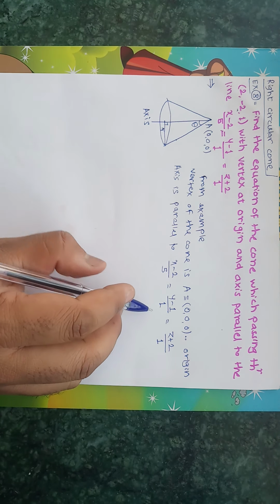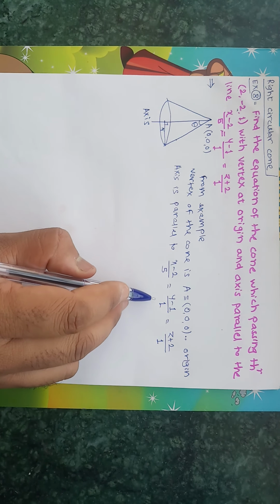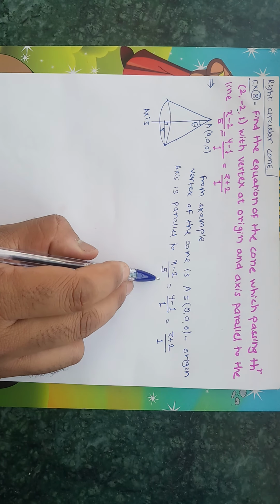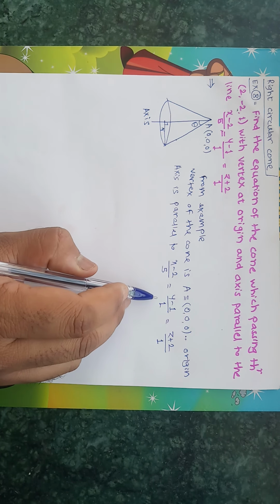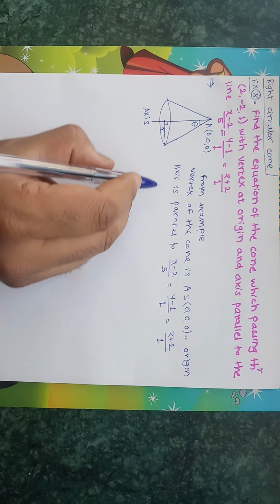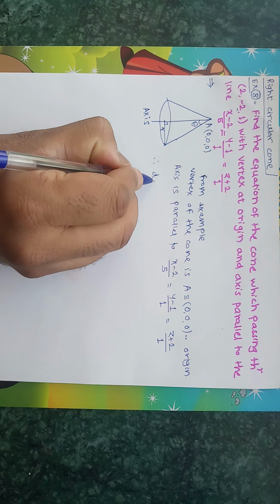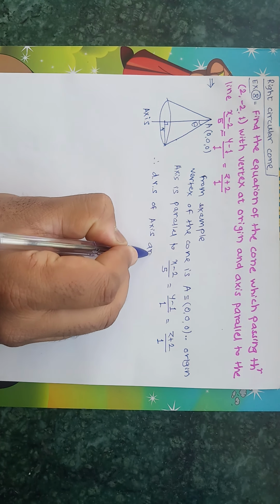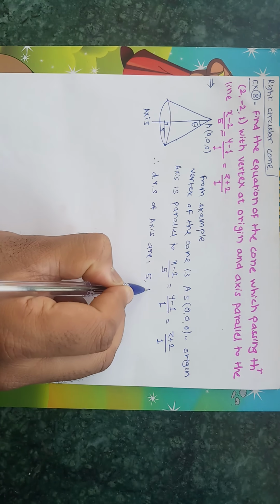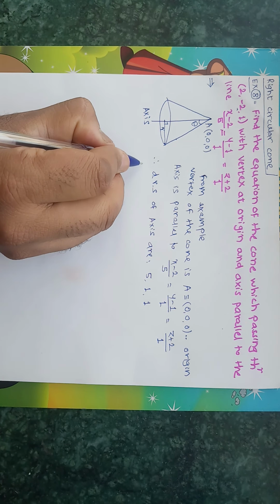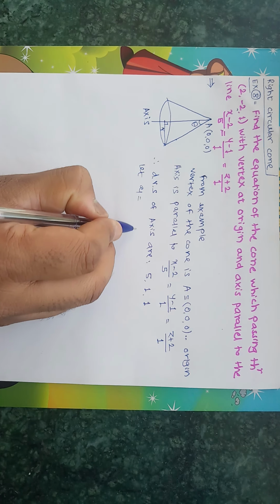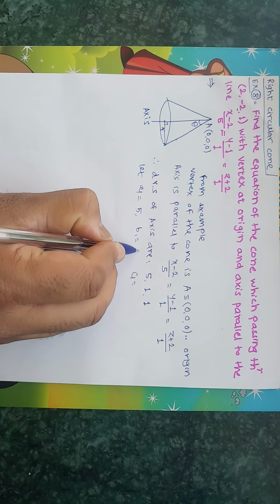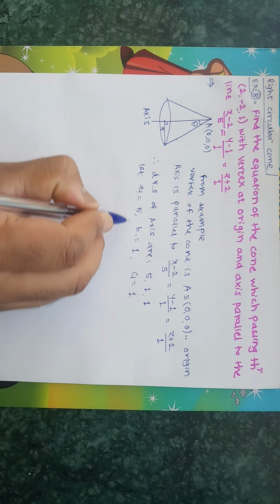So the DRs of this line are 5, 1, 1 and the axis is parallel to this line, so the DRs of the axis are also 5, 1, 1, because if two lines are parallel then their slopes and DRs are equal. Therefore the DRs of the axis are 5, 1, 1, denoted by a1, b1, c1. So a1 is 5, b1 is 1, c1 is also 1.